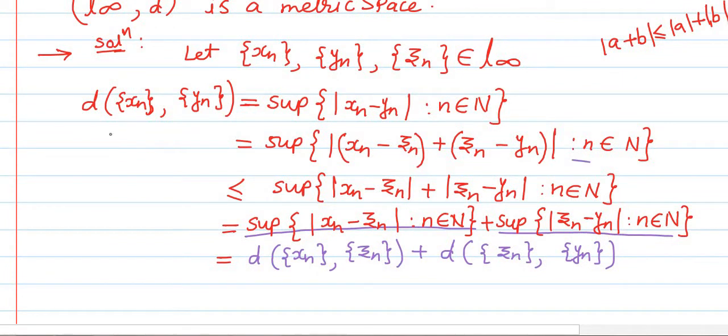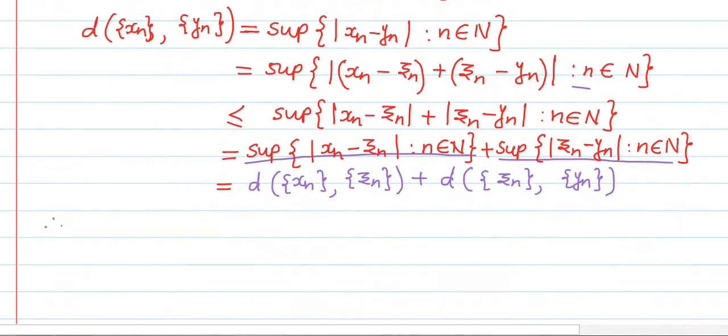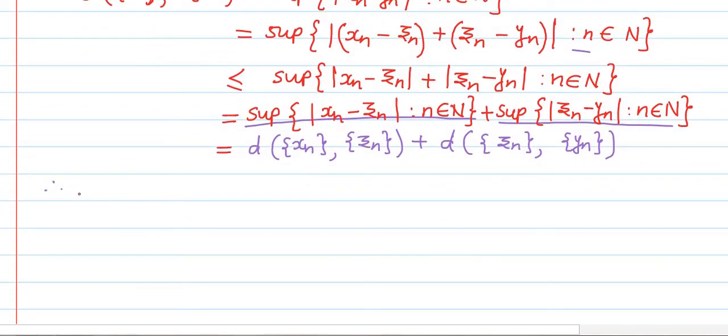Therefore we have shown that the distance between sequence xn and sequence yn is less than or equal to the distance between sequence xn and sequence zn plus the distance between sequence zn and sequence yn. So in this way we have shown that the triangle inequality holds, and therefore d is a metric on X. Here X means L infinity.